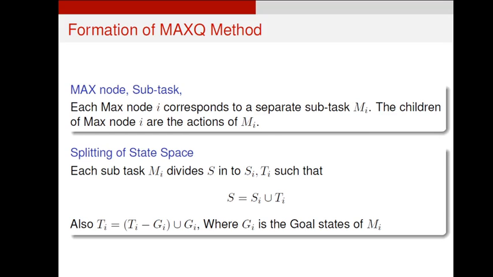That is why we call it Gi, the goal state, and Ti minus Gi are known as non-goal states. There are two types of terminal states: non-goal states, Ti minus Gi, and goal states, Gi. See, our aim is to divide the state space into different partitions: one is non-terminal states corresponding to each subtask, another is terminal states, and the terminal states are also of two types, goal states and non-goal states. That's all.